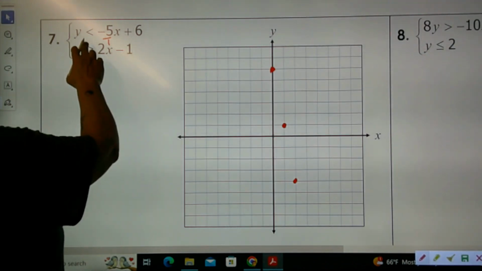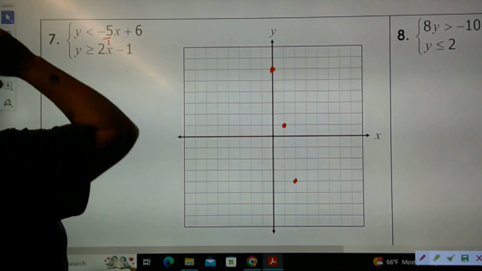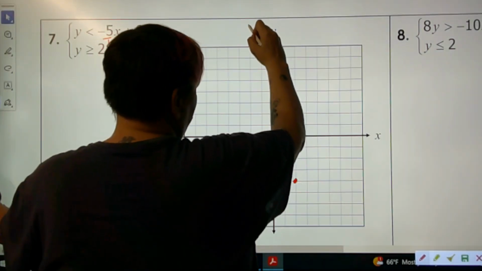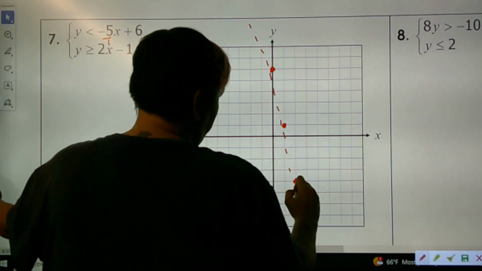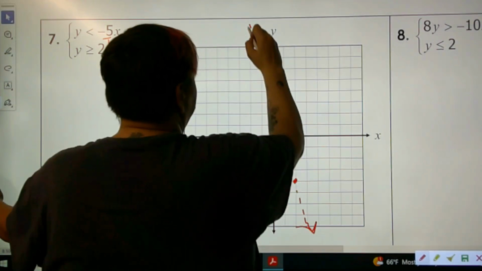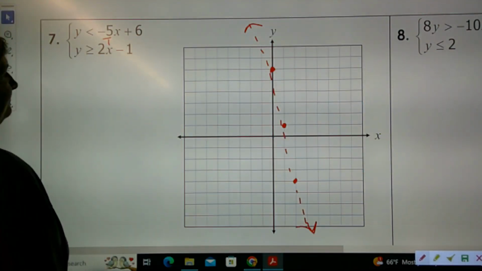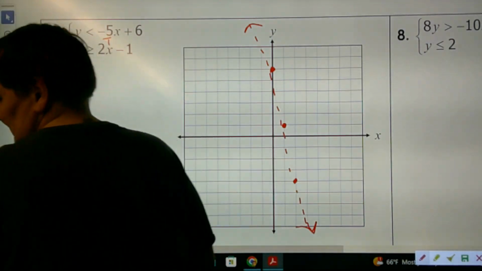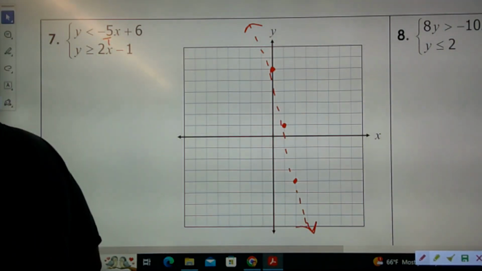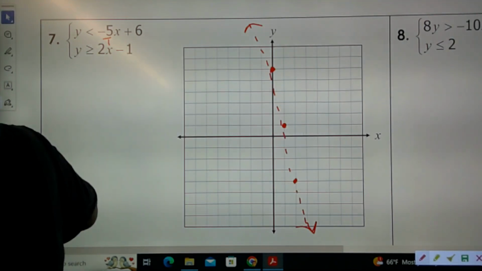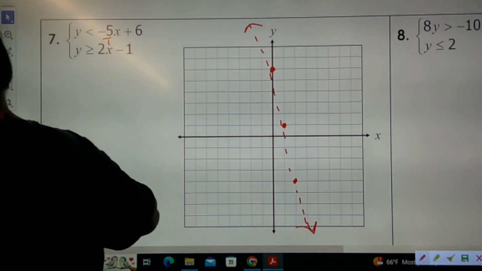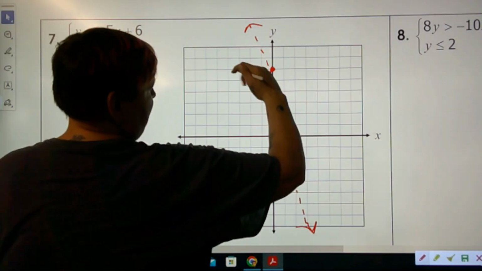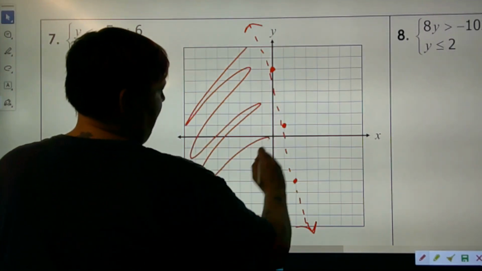Alright, it's less than, but not equal to. So we're going to do a dash line. And it's less than, so we're going to go below the line. And because it's curved this way, this is below the line.